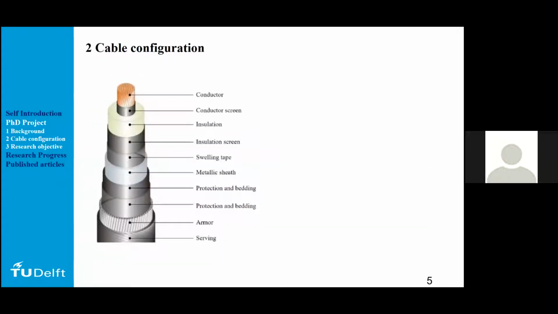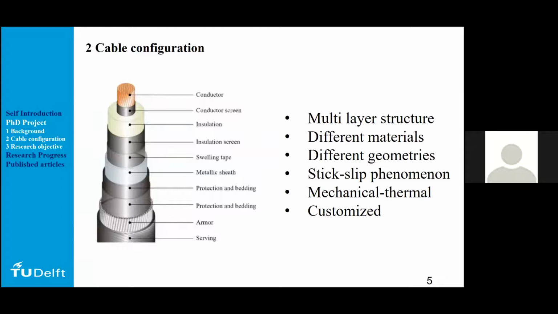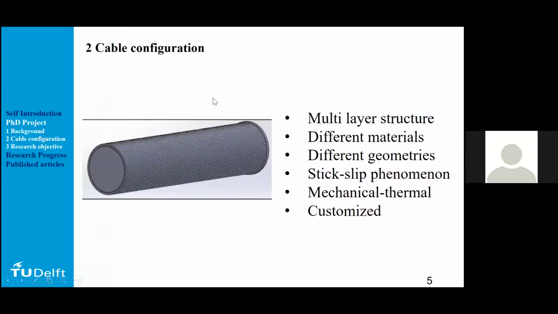Now this brings us to the cable configuration. A power cable is a multi-layer structure with different materials and different geometries, especially the geometry of the armor layer and conductor. The armor layer is composed of numerous helical wires winding around in one direction, but in some cases, the power cable is composed of 2 layers of helical wires.